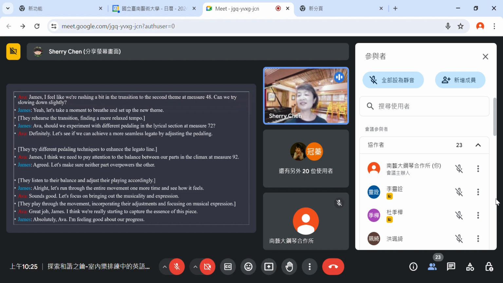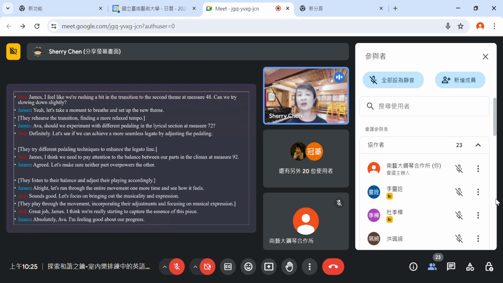So as you can see, this is maybe like a 5-minute conversation between the two players. But when they talk to each other, first of all, being polite is very important in chamber music rehearsal. And also address specifically how you want the changes and how you want to work on the articulation, working on the pedaling, working on the legato, working on the phrasing.